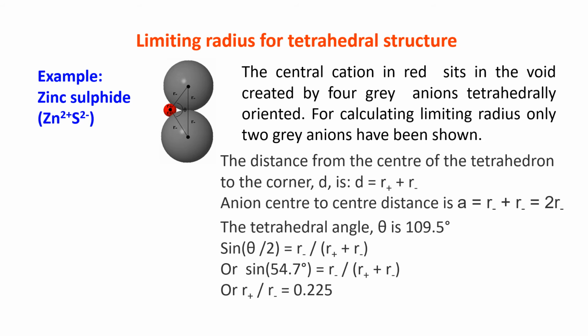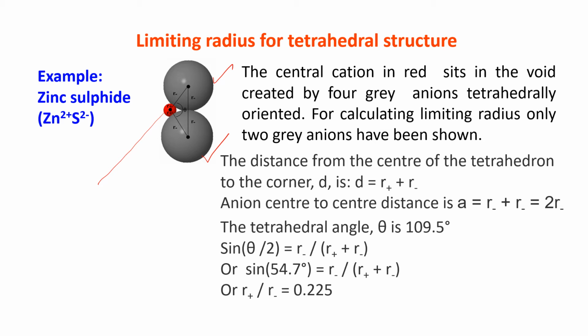Now the limiting radius for tetrahedral structure, we have taken the example of zinc sulfide. Now the central cation is in red color. This is in the void created by 4 gray anions which are tetrahedrally oriented. Now for calculating the limiting radius, only 2 are shown.